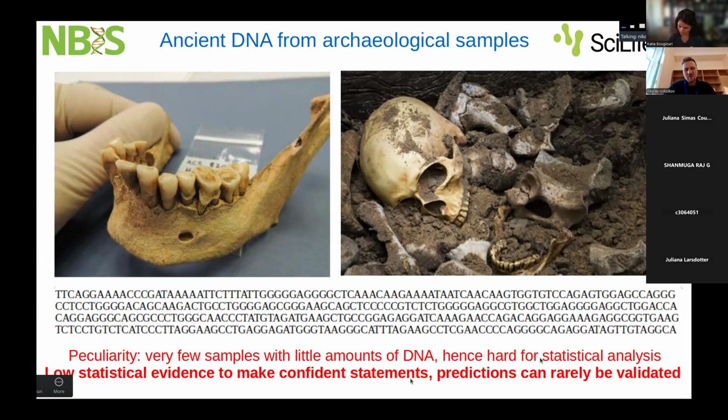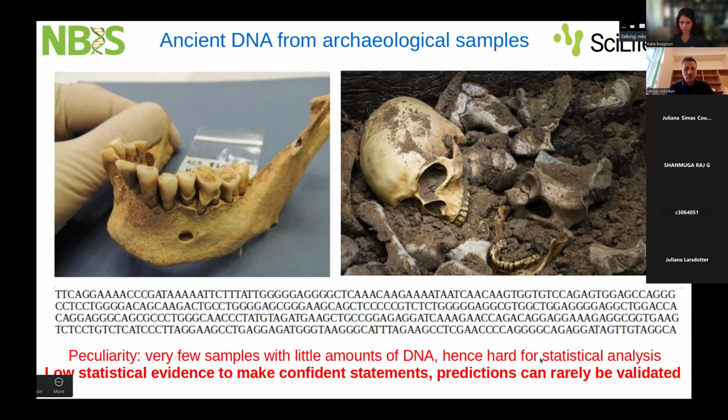And there are beautiful models in this area which I admire. I think people are putting a lot of intelligence, developing beautiful methods and models, and making astonishing inferences about maybe human migrations back in time. But I'm always thinking about these potential artifacts coming from this very low statistical evidence.